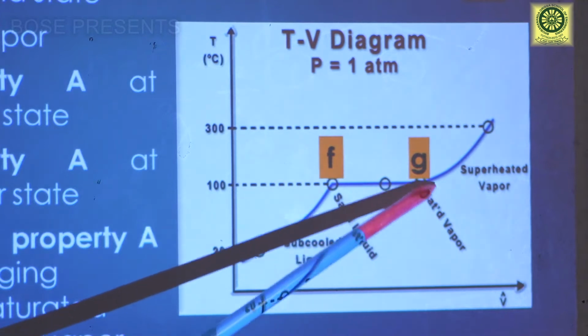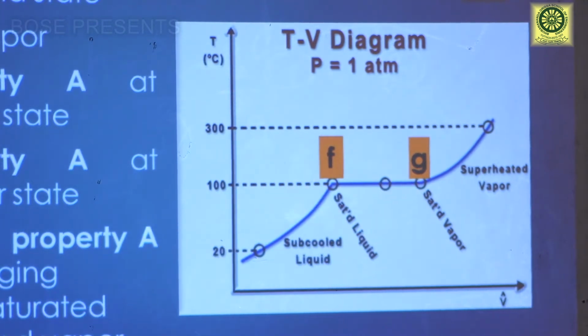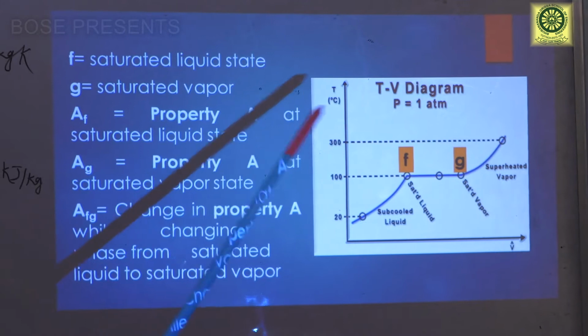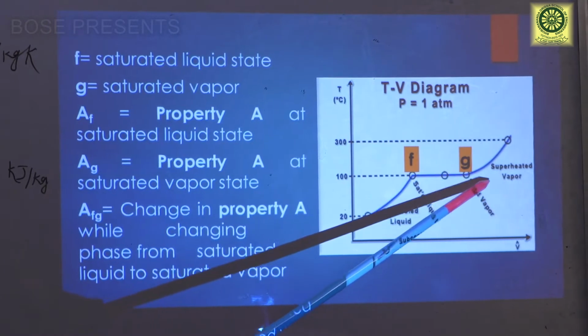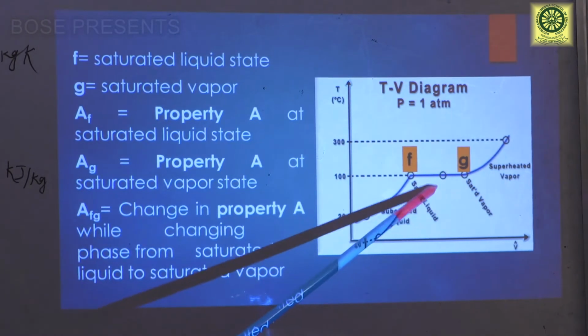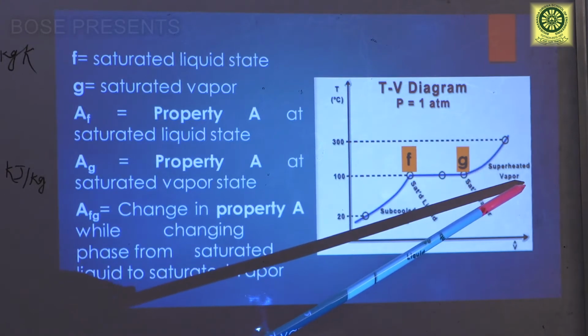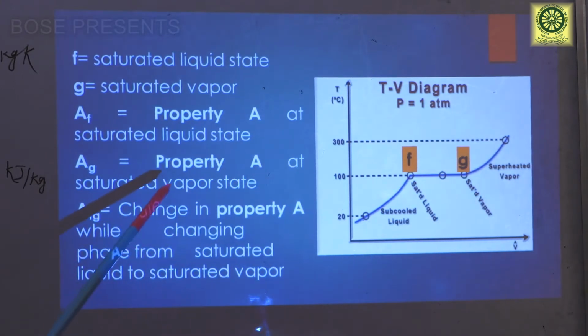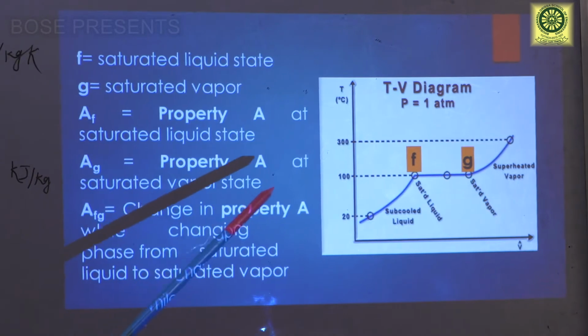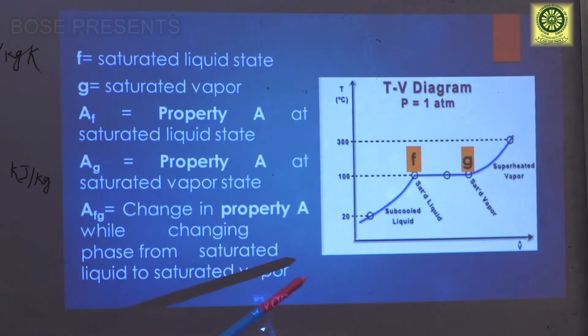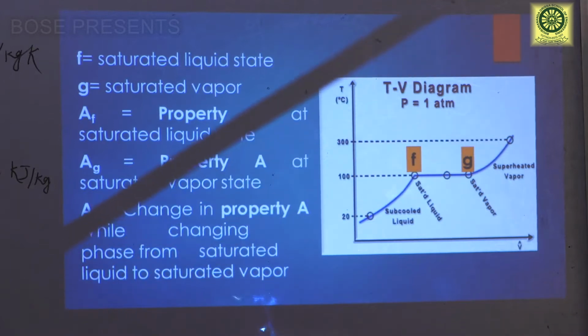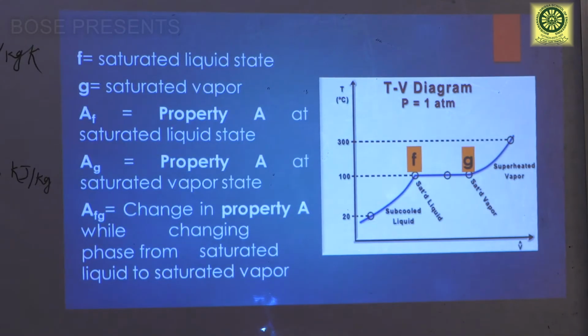Similarly, g is the state that indicates the saturated vapor state, meaning after that the wet steam will be fully converted to superheated steam. Then what is afg? afg indicates the change in property a while changing phase from saturated liquid to saturated vapor. These terms are usually necessary to understand in order to study the steam table.